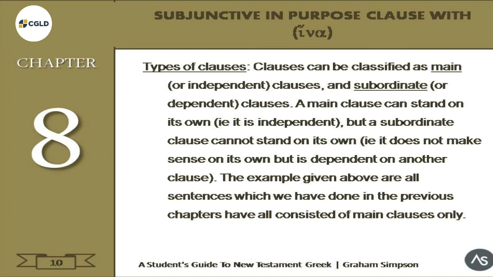The example sentences we have done in the previous chapters have all consisted of main clauses only. So far whatever we have done, we have dealt with the main clause, but from now on we will be dealing also with the subordinate clauses.